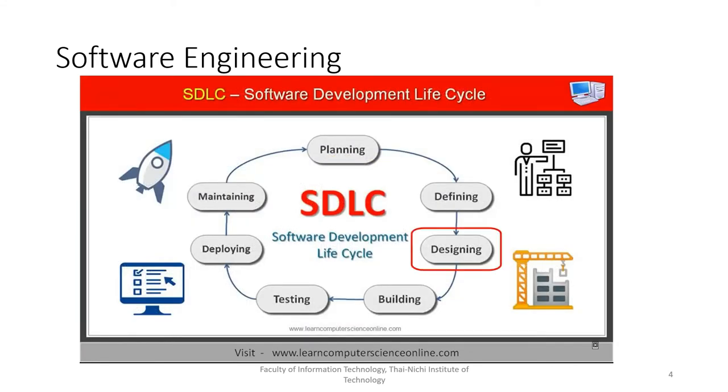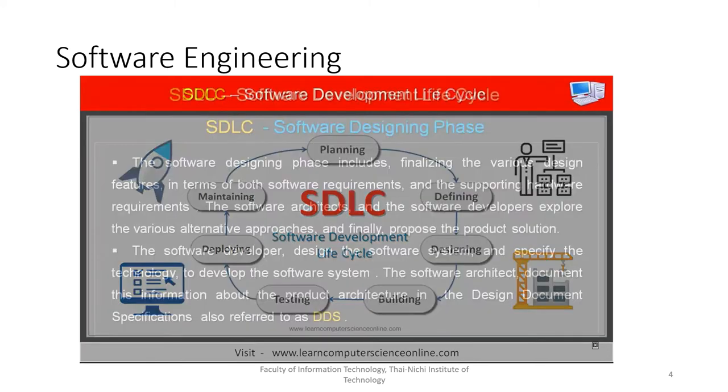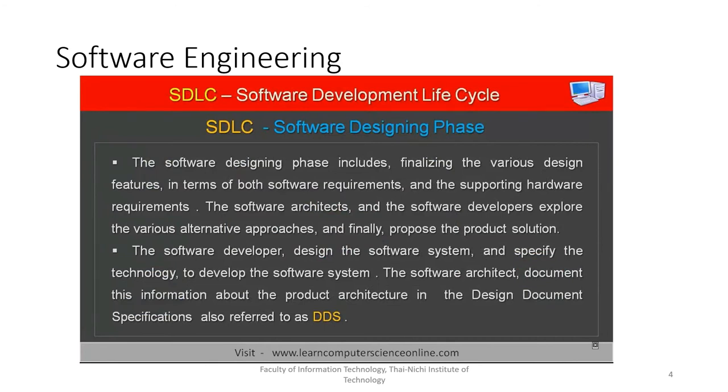The next and third phase in the software development process is referred to as designing the software. The software designing phase includes finalizing the various design features in terms of both software requirements and the supporting hardware requirements. The software architects and the software developers explore the various alternative approaches, and finally propose the product solution.